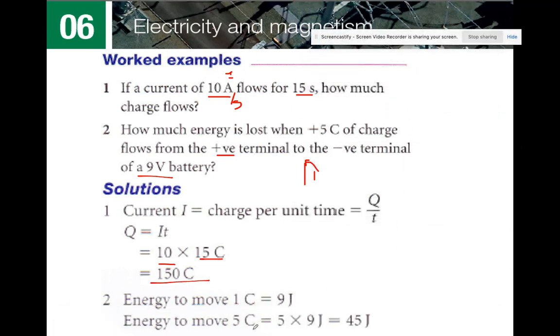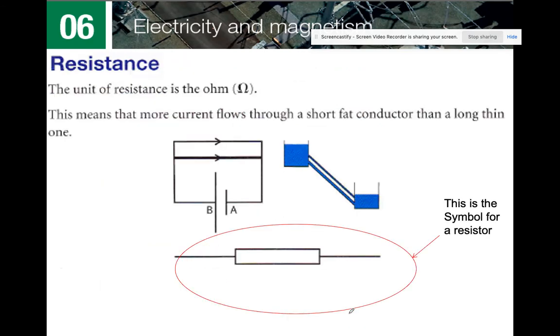What it's saying is that for 1 coulomb, it takes 9 joules of energy in a 9-volt battery. So 9 volts means for every 1 coulomb, it had to push 9 times. There's 5 coulombs times 9 joules per every 1, and we get 45 joules. That's why a 9-volt battery can push a lot more, and why a 9-volt battery is a little bigger, because it needs to push and push and push.